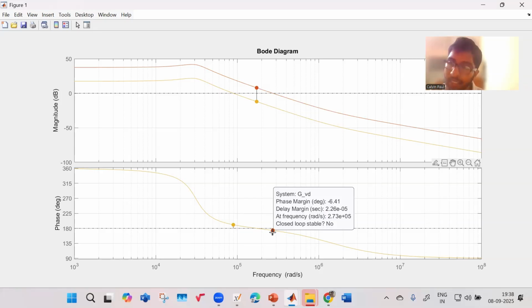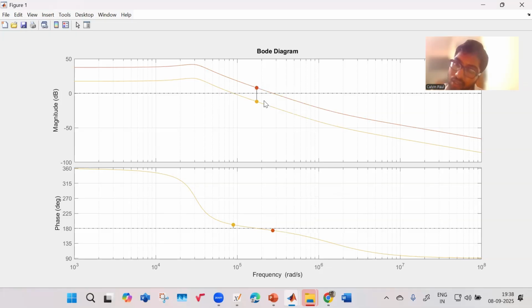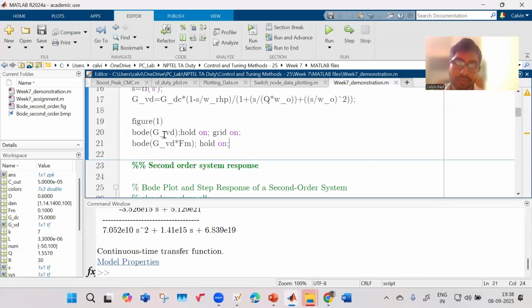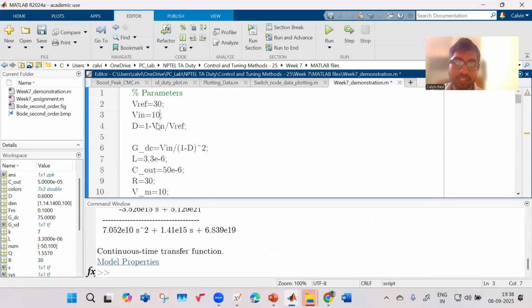So now, if you change your input voltage, assuming you don't change anything else, there could be a condition where... let us change our input voltage. Let me make input voltage to be 10. Now, how does it look?